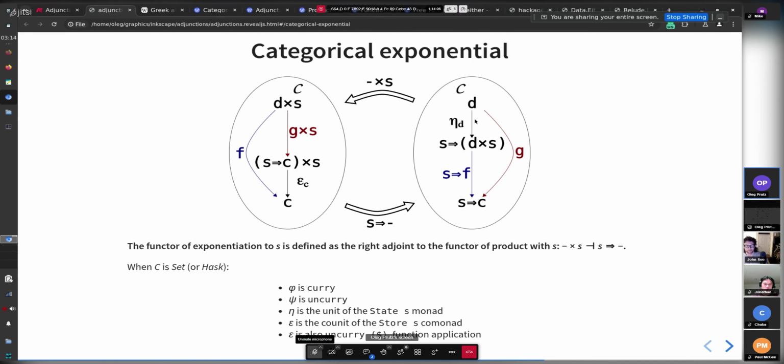And C to the S is defined to be the best such object. That is the object that has a morphism g from any other candidate object, such that g, when acted on by this pairing with S functor, factorizes f.